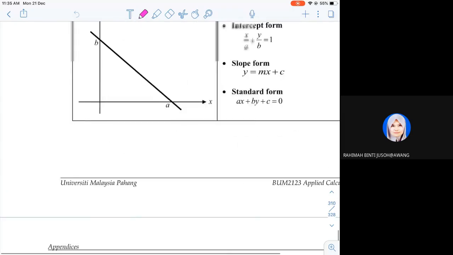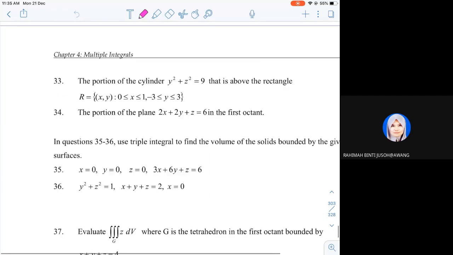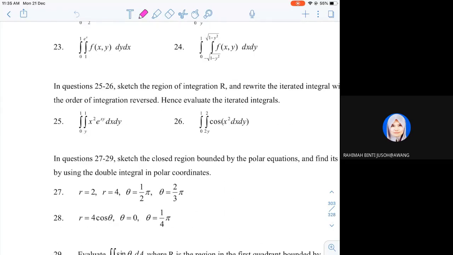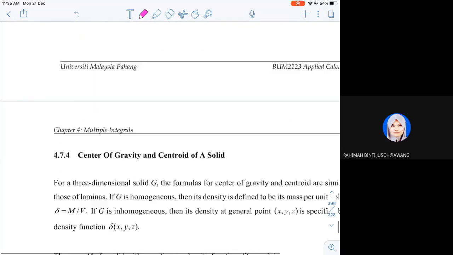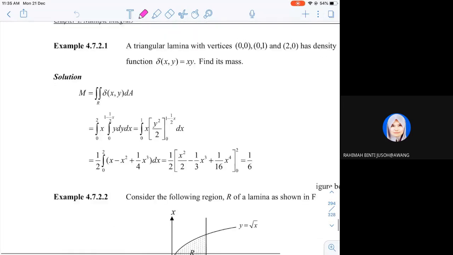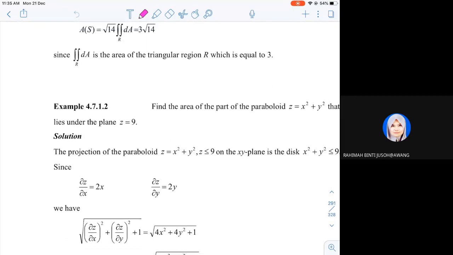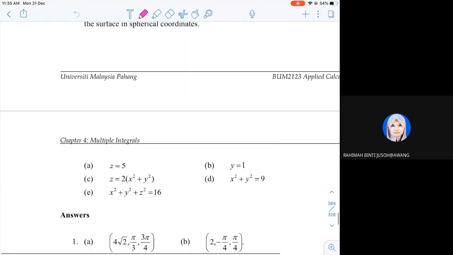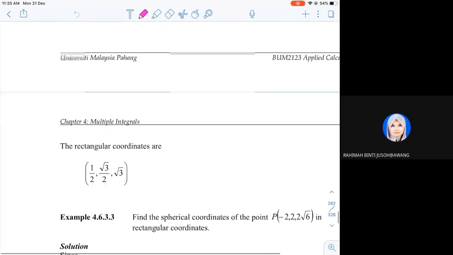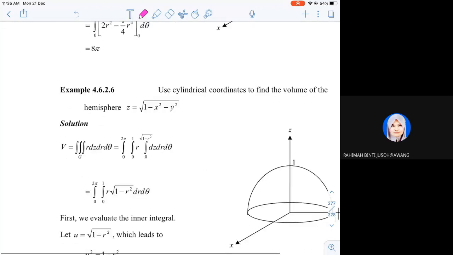So, let's take a look at exercise 4.4 again. Sorry lagi ni. Kita tengok soalan question number, I think number 10. Question number 10.